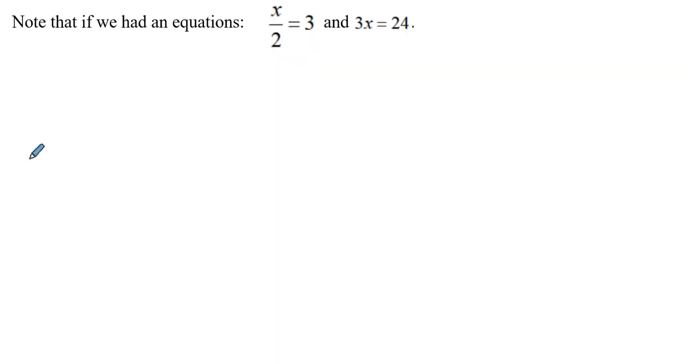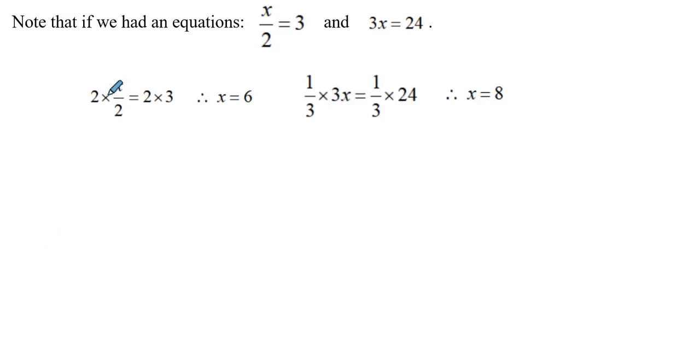Now, to go further, let's first consider these two equations here. If we need to get to a point where we can say x is equal to some value, we need factors which we use to multiply the equations on both sides. If we multiply the first equation here by 2, we get that x is equal to 6.